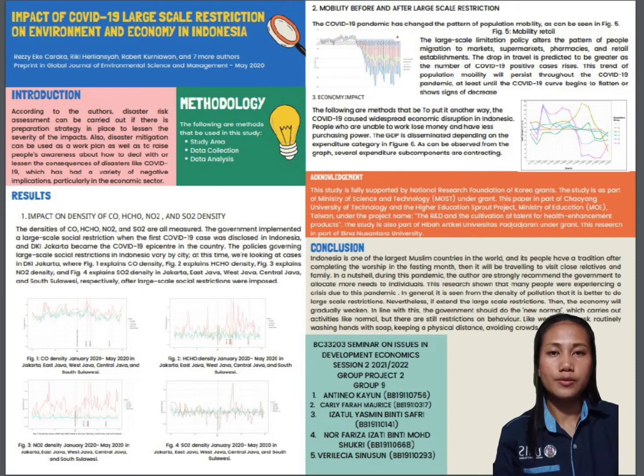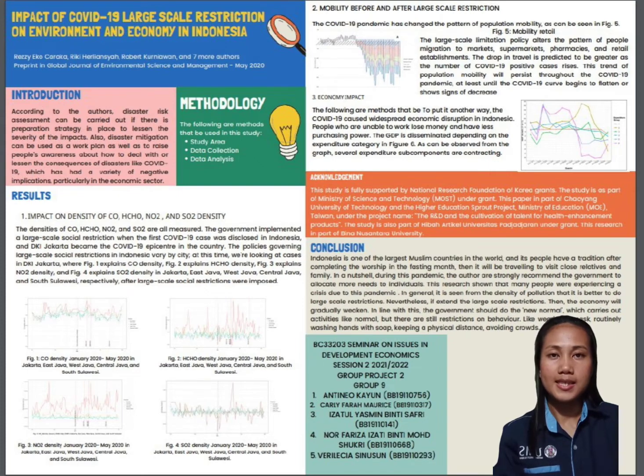To put it another way, COVID-19 causes widespread economic disruption in Indonesia. People who are unable to work lose money and have less purchasing power. Apart from that, the industrial sector has seen a significant drop in sales and forced companies to fire people since they are unable to pay them.